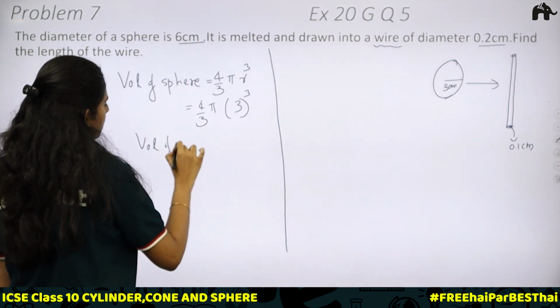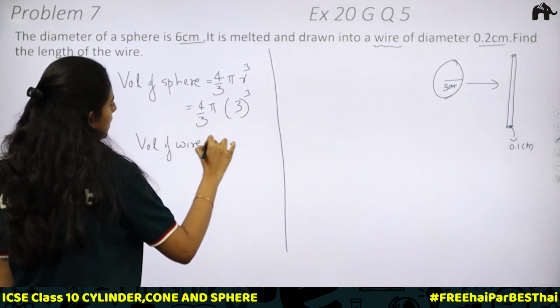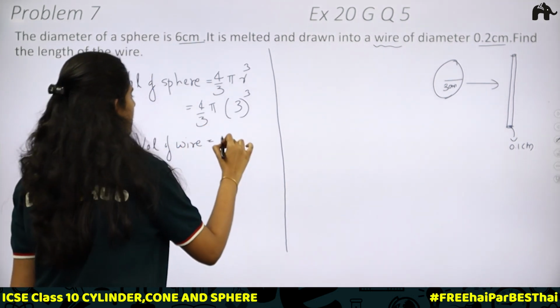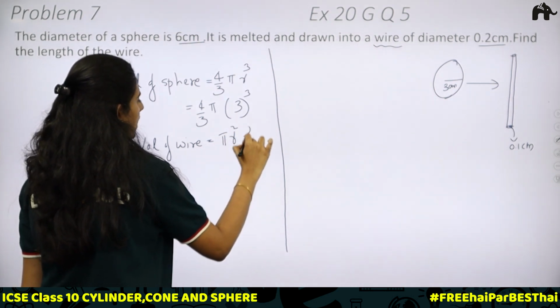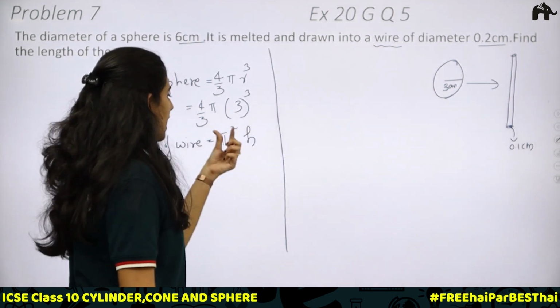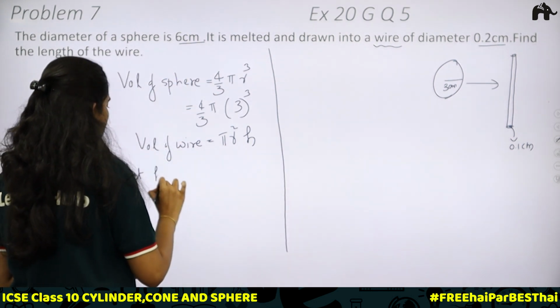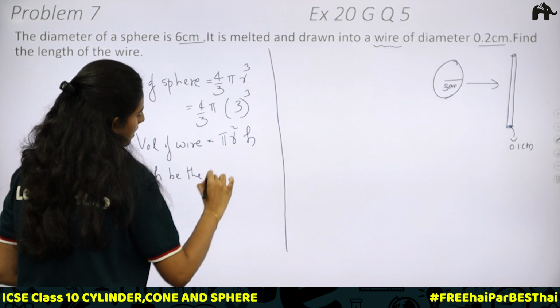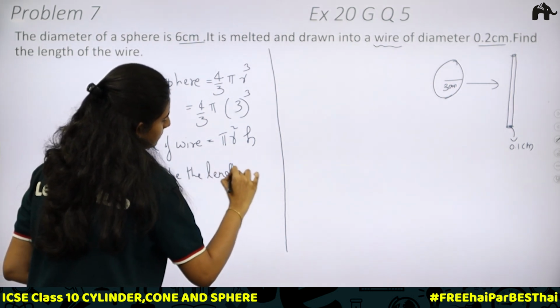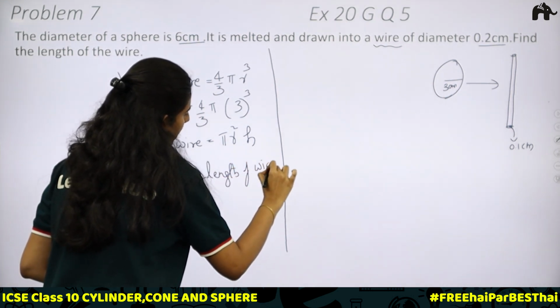Okay. Next we need the volume of wire, which is volume of cylinder. Volume of wire will be equal to pi r square h. What is h in this case? H is the length of wire. Let h be the length of wire.